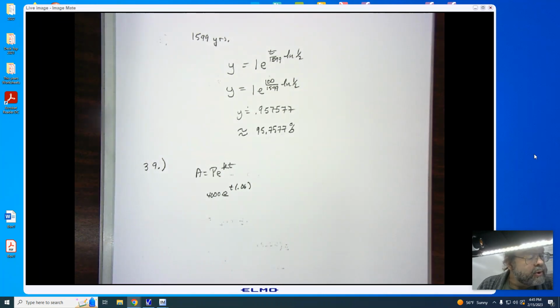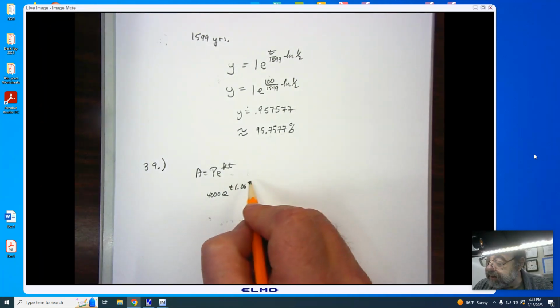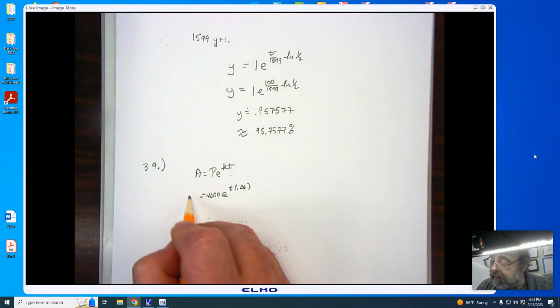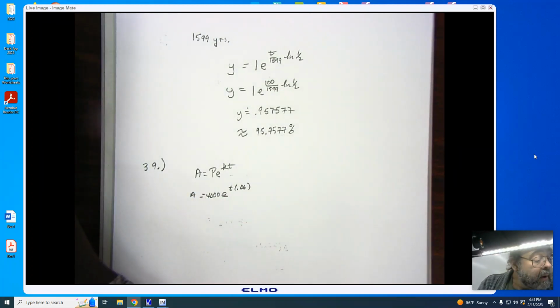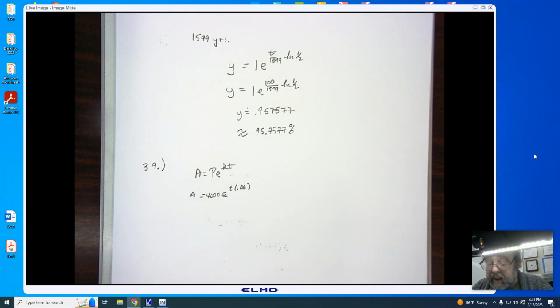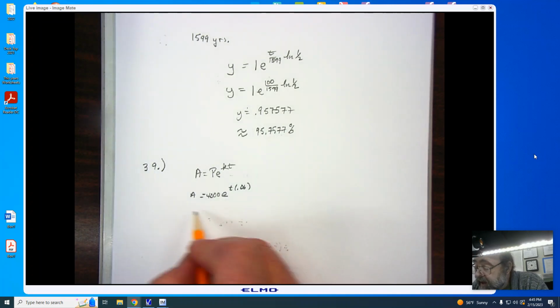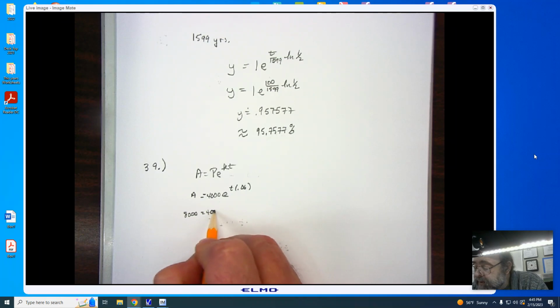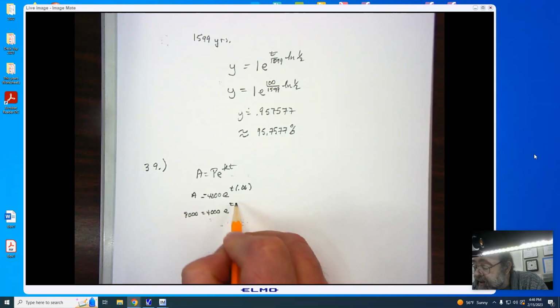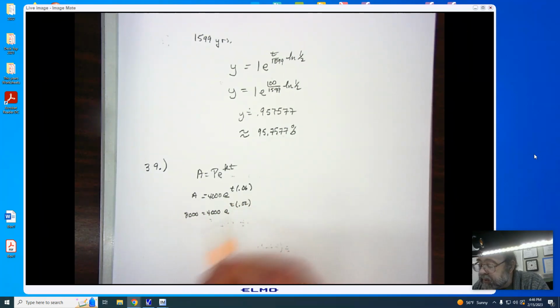And let's just make sure. Don't forget your t, and this is how much we have. So let's just kind of figure this out. To double. In order to double, that means that I want 8,000 equals 4000 e to the t times 0.02.